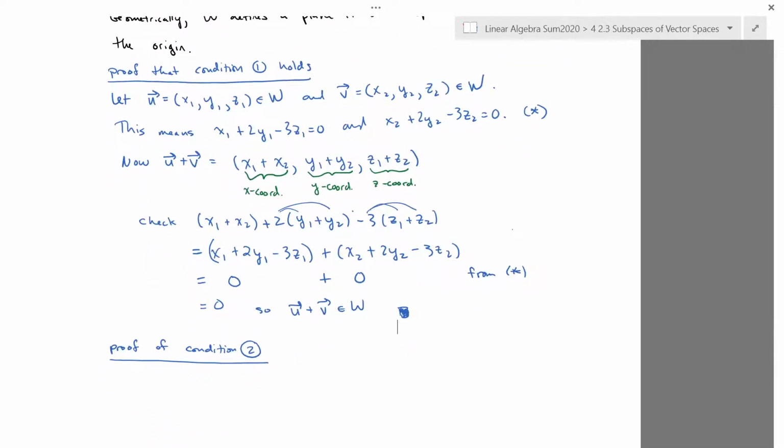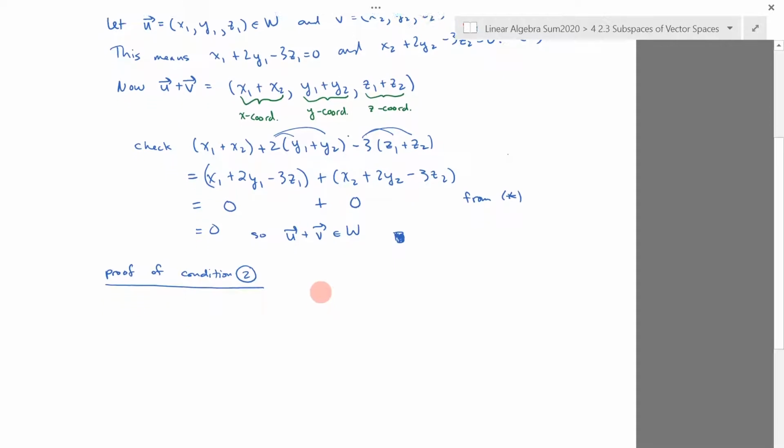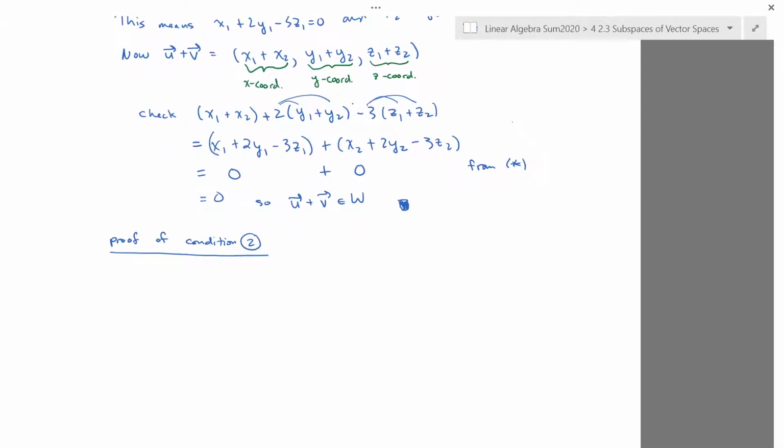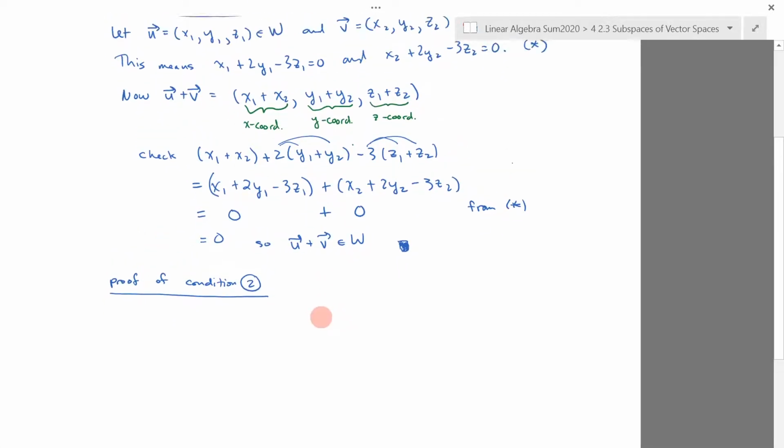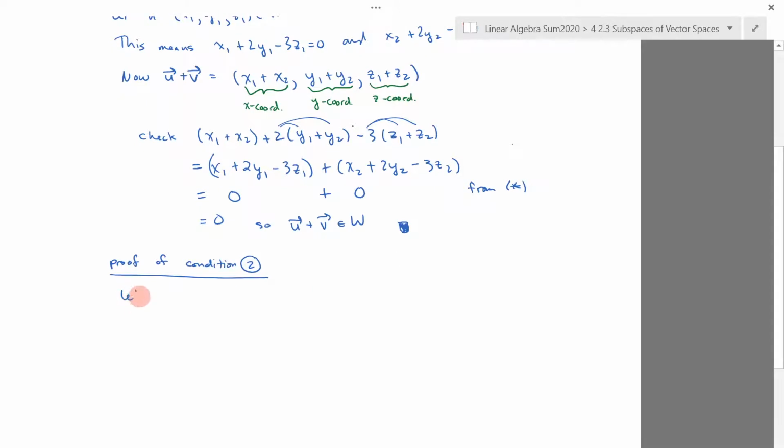And then again, condition 2 is similar, except now we do scalar multiplication, right? So let's write it out. So we first take a scalar and an arbitrary vector, x1, y1, z1.